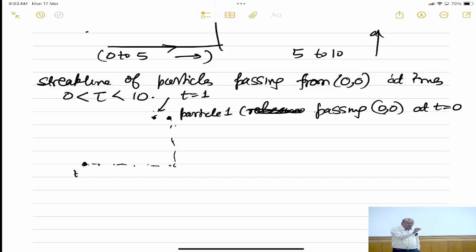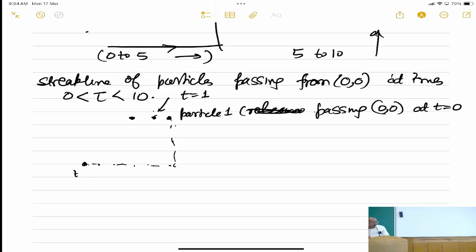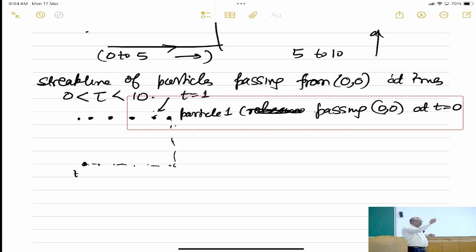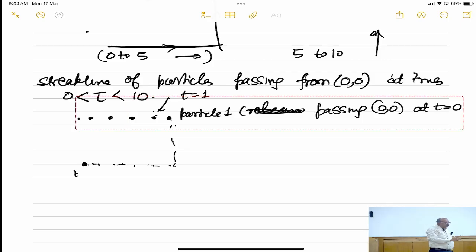For the first 4 seconds it moves horizontally and then vertically. Is that clear? Similarly, the particle released at t equal to 2 will be here, t equal to 3 will be here, 4, 5. And the particles which pass through after t equal to 5 will be moving just vertically.